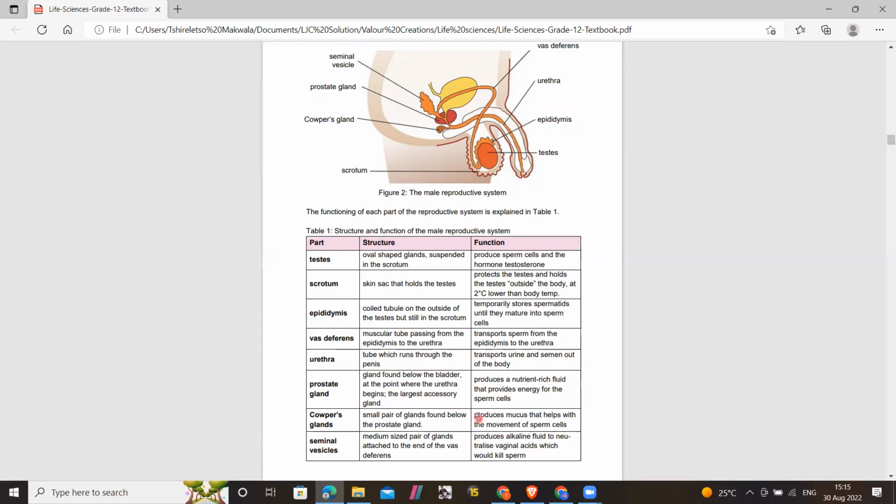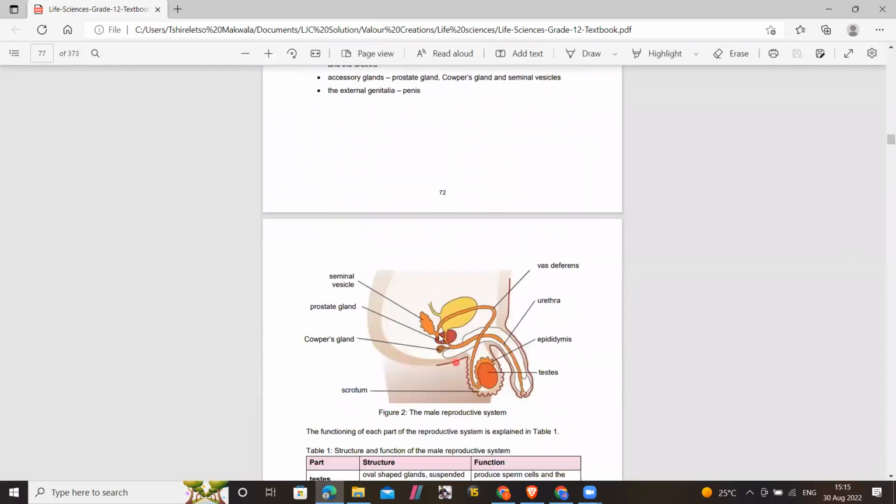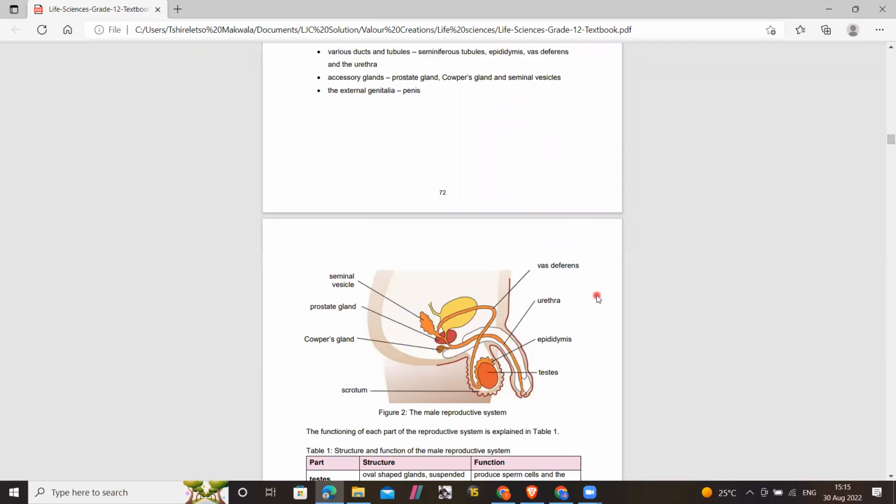It also produces mucus that helps with the movement of the sperm, and nutrients. These glands produce substances that help the sperm cell move more effectively, and they also protect the sperm cell.